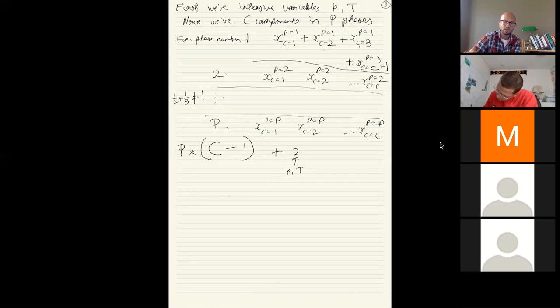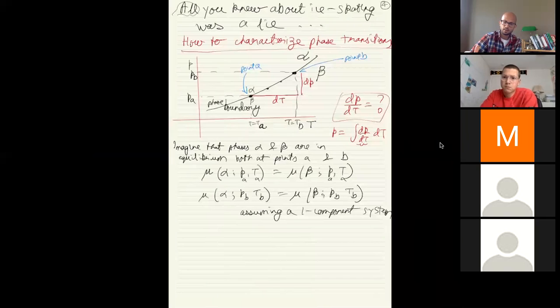Although I would be very sad if you don't really get to grips with the first proof of the Gibbs phase rule just for a one component system. That should be very clear to you. If the multi-component stuff is not very clear, it's okay. Please try, it should become clear, but the one component stuff should be clear. In general, after this, next week and beyond, we'll be talking about solutions, and you will see multi-components are funky, they are complicated. But now we are just talking about one component system.